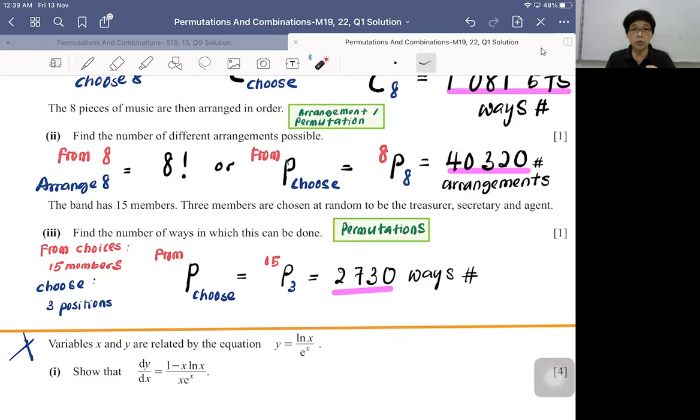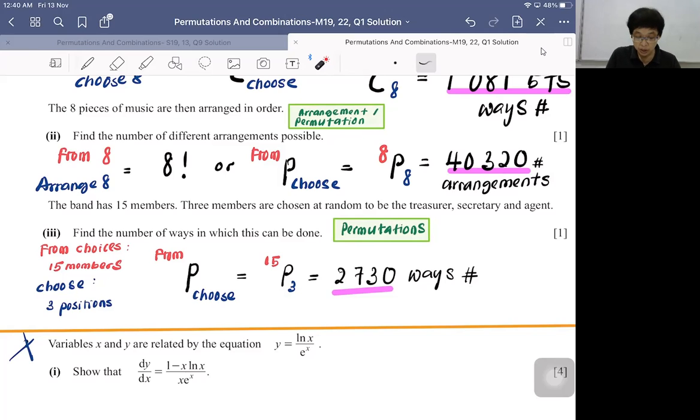They're going to choose 3 positions each time, and we want to find out how many different ways these 3 positions can be filled in. That's how we have carefully noted that we're going to use not factorial, not combination, but permutation.